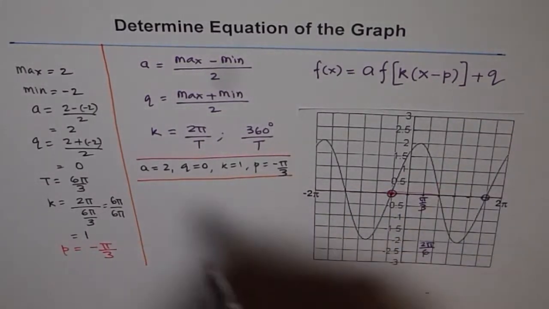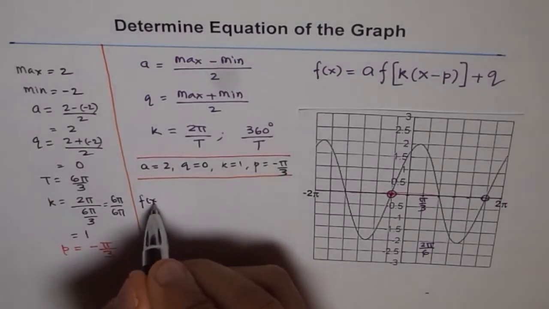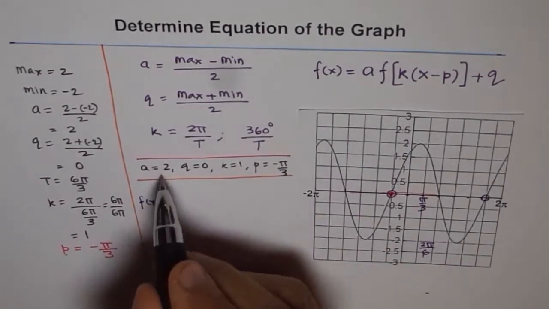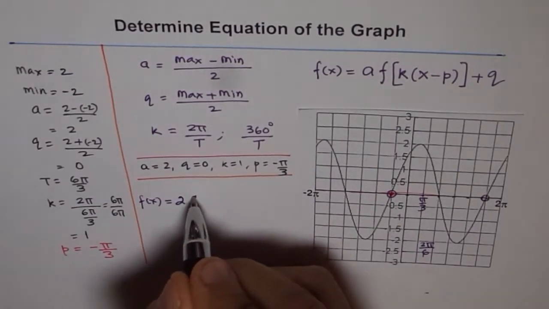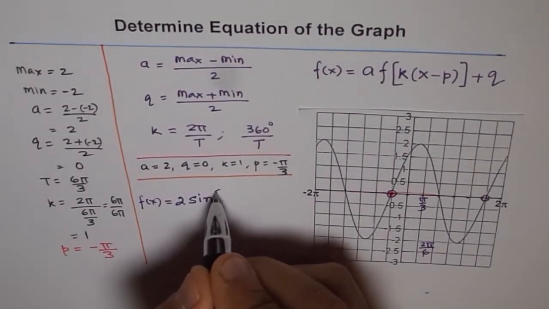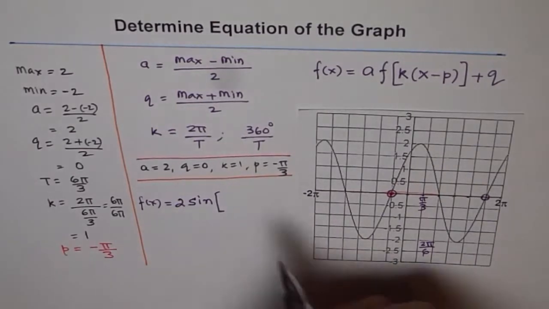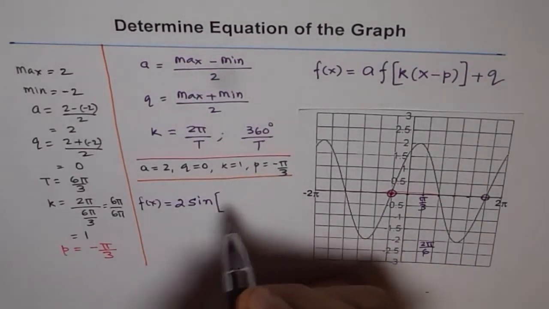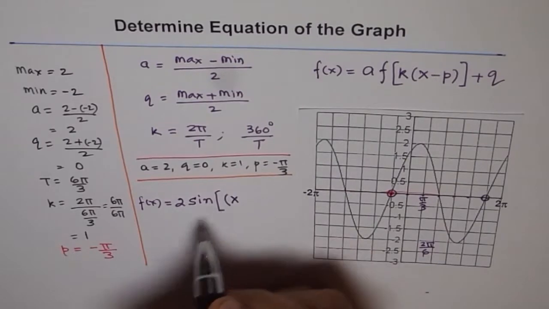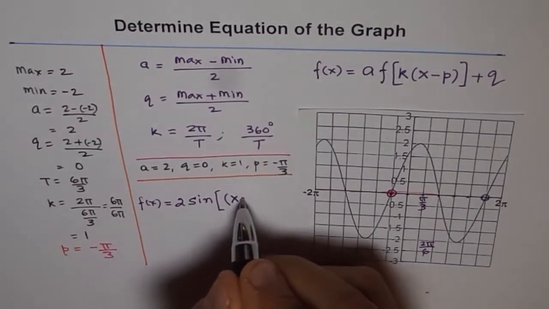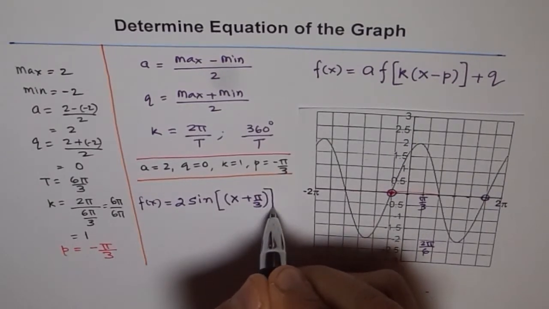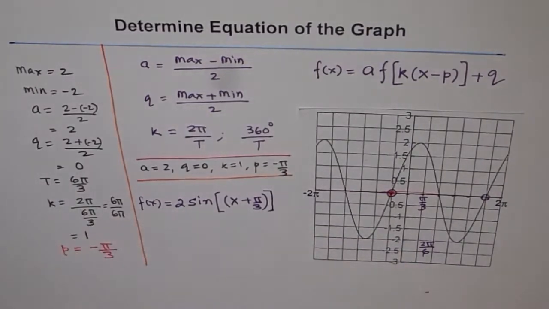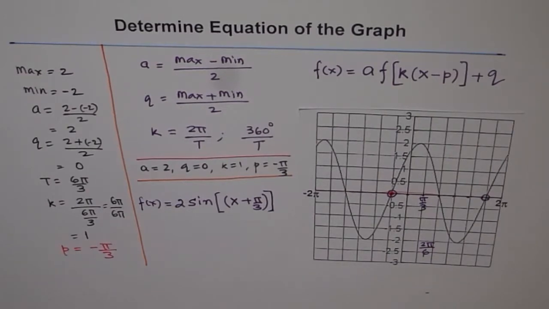So now we can write the function f of x as equal to a, which is 2. Sine function we are choosing, right? So we say sine. K is 1, so no need to write it. X minus of minus, that means plus pi by 3. And q is 0, so that's it. So that is our answer for the given graph.